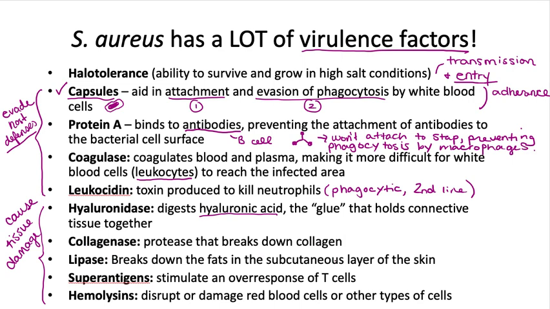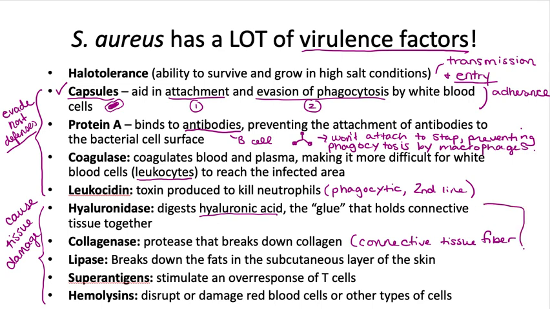Collagenase breaks down collagen, which is another fiber in the skin. So this is another connective tissue fiber. And then lipase breaks down the fats in the subcutaneous layer.